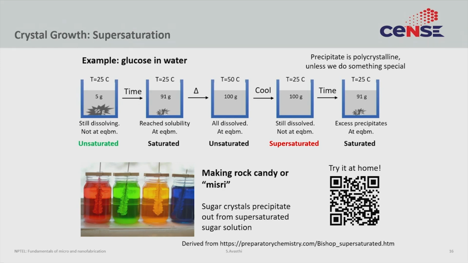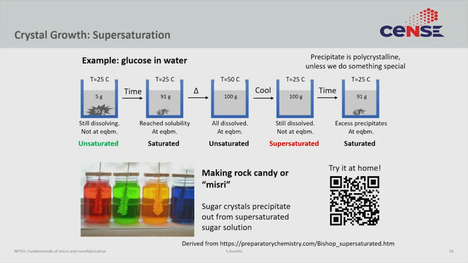What you are essentially doing is crystal growth. You are starting with polycrystalline sugar, which is the granulated sugar that you can buy in the market. You are dissolving it in water, and by this process of supersaturation to saturation, you are extracting larger grains. These are not single crystals, but they are still larger sized. If you were to do this very, very precisely, maybe you can even get a single crystal of sugar.